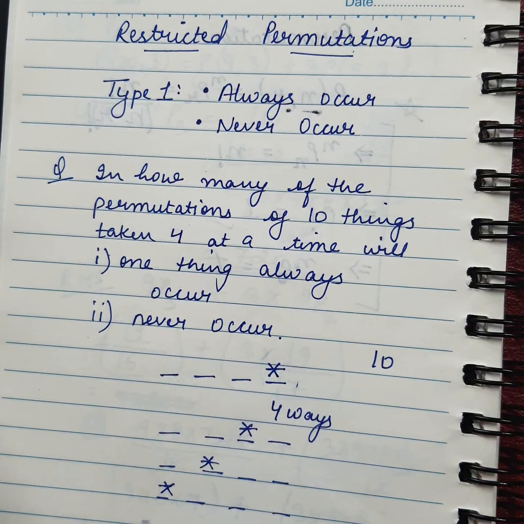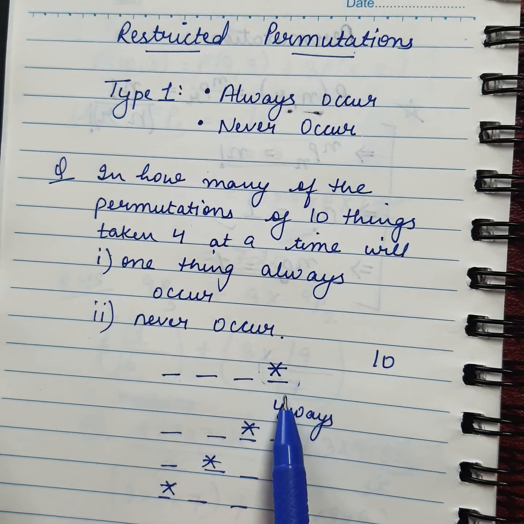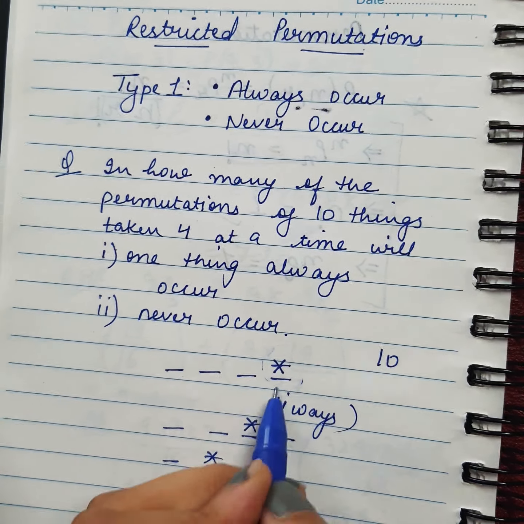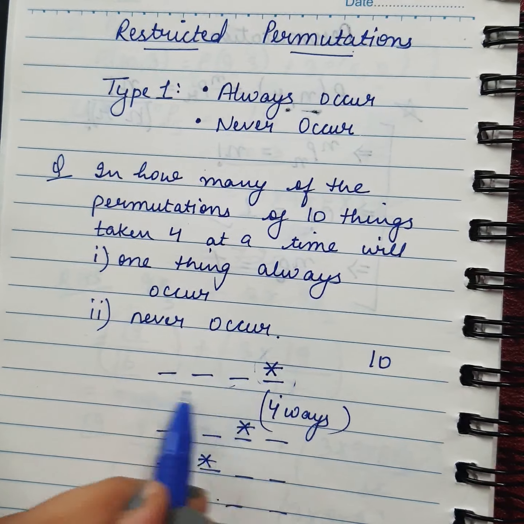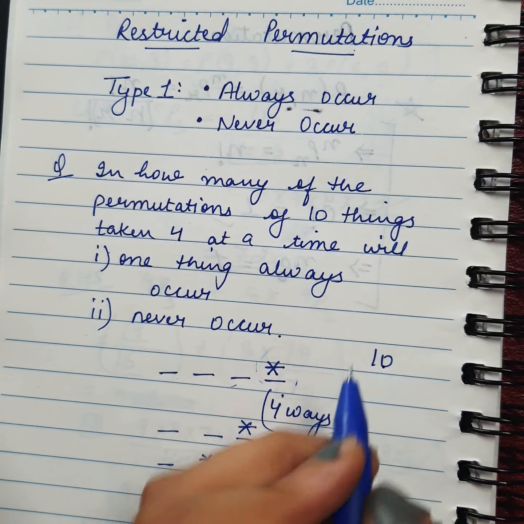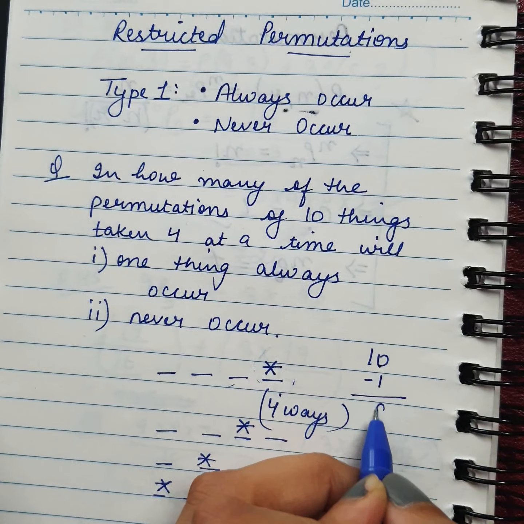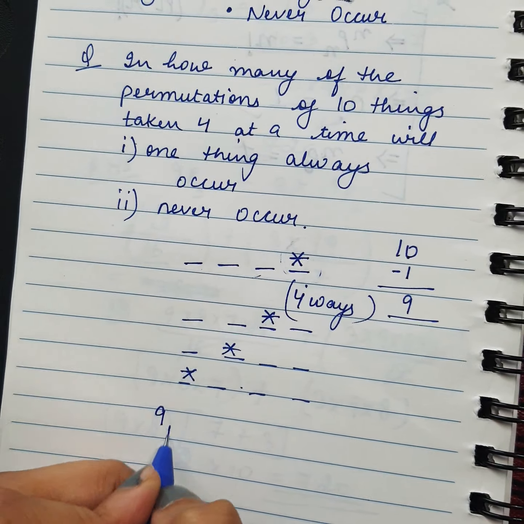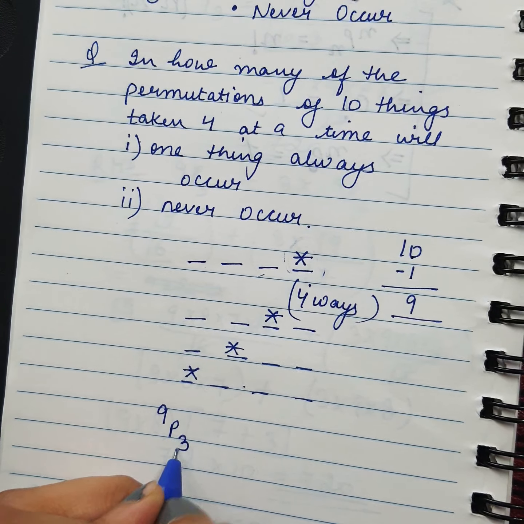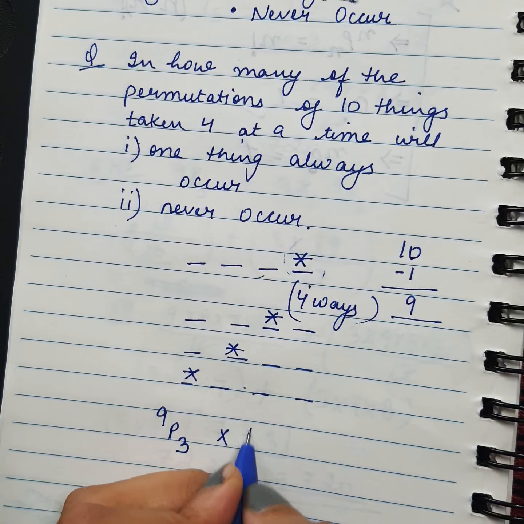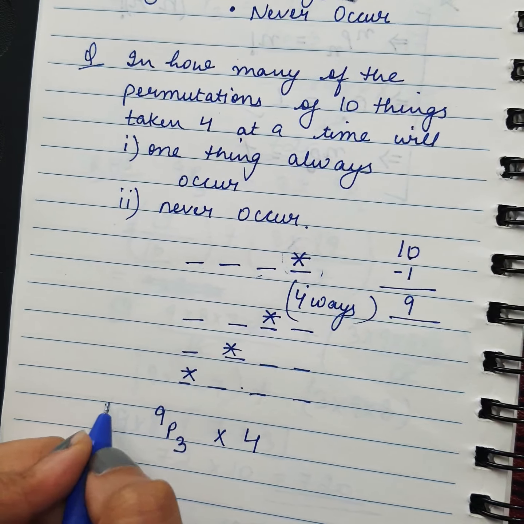So there are only 4 ways in which the one thing that always has to appear will take place. Now 3 spaces are left. Out of the 10, 1 will always occur, so we are left with 9. Out of the 9, we are going to select the remaining 3, into 4 ways. So this is the solution of the first part.